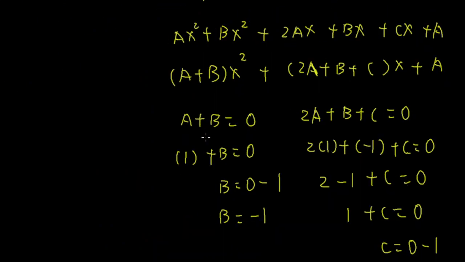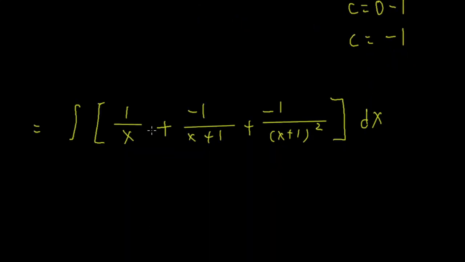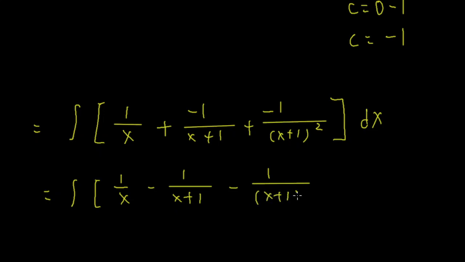So we can continue with the integral. Integral, right? dx. Okay. Of course, plus a negative number is just minusing, right? It's subtracting that number, right? So that's equal to integral of 1 over x minus 1 over x plus 1 minus 1 over (x plus 1) all squared dx.